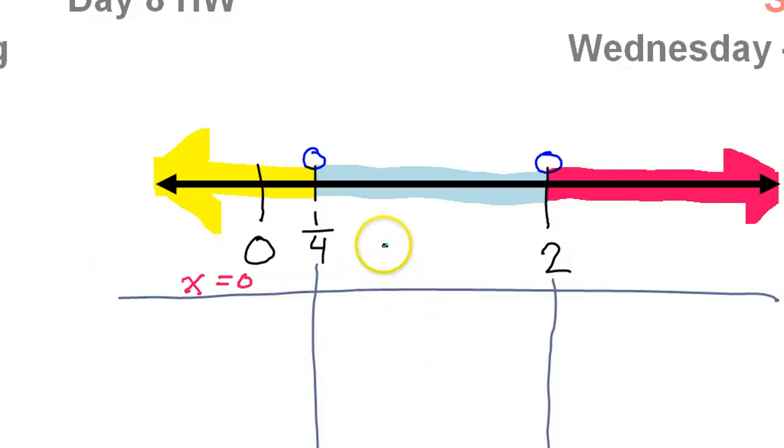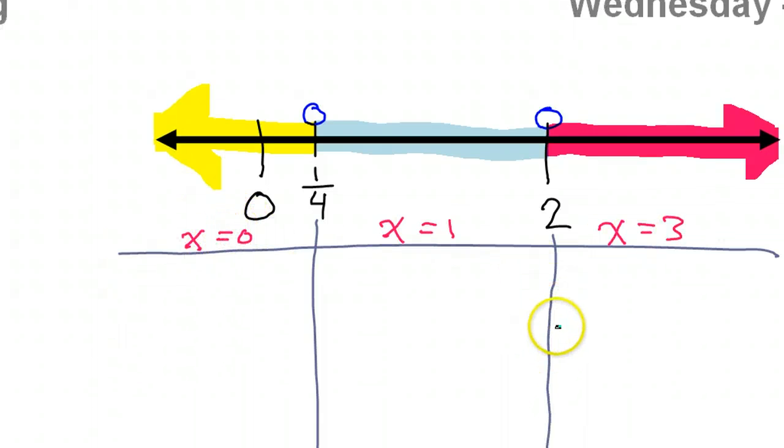In the middle zone here, between 1/4 and 2, the only integer in there is 1, so I will definitely use that. Now in the pink zone, or red, or whatever you want to call it, anything bigger than 2 will work. I'm just going to use 3. So these would be some good test values to use.